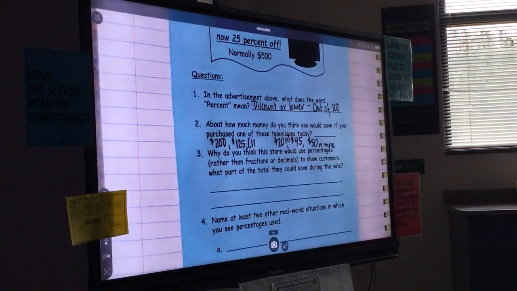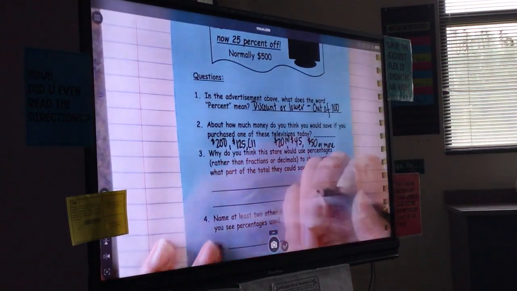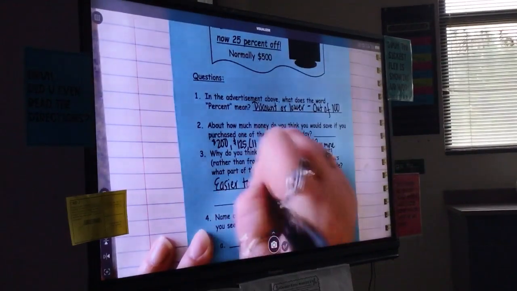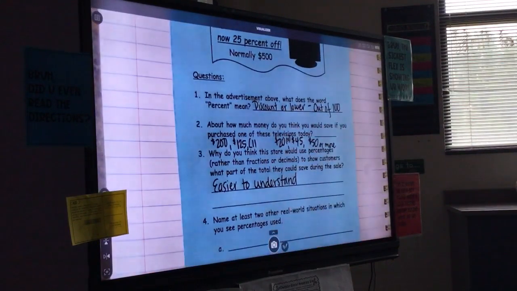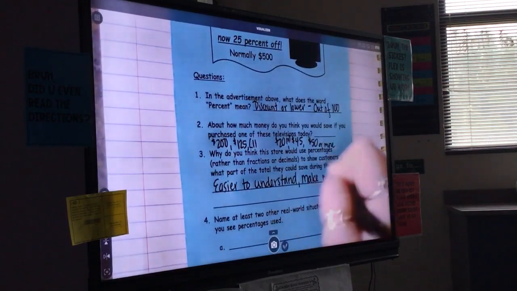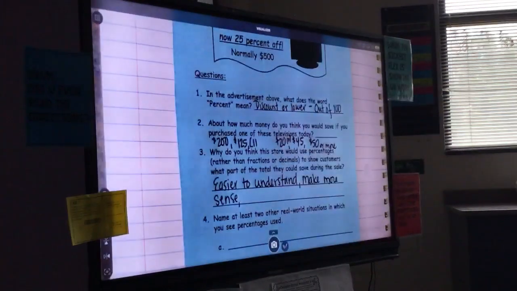All right, so why do you guys think that they don't use fractions or decimals? What were some of the things you guys said? BK? Our group said that it was easier to understand. Right. All right, anybody else have something a little bit different other than easier to understand? Christian? It would make more sense. Make more sense. Yep. All right. Anything else that's a little different, Gabe?